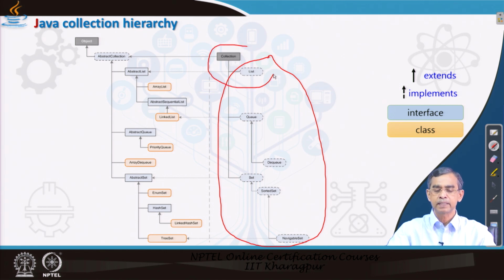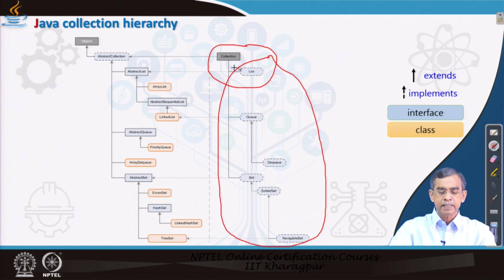Collection is basically the super interface. Here we see collection is inherited by list, queue inherits list as well as collection, and dequeue is inherited from the queue interface like this. Interfaces follow the same concept as classes, except that an interface contains methods without bodies.